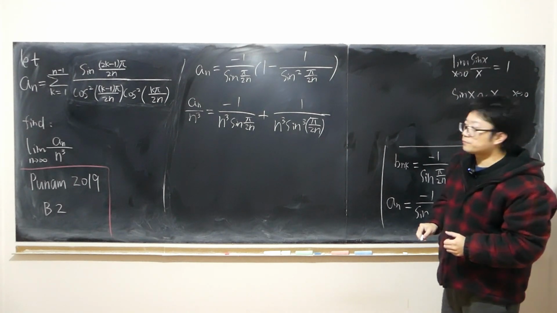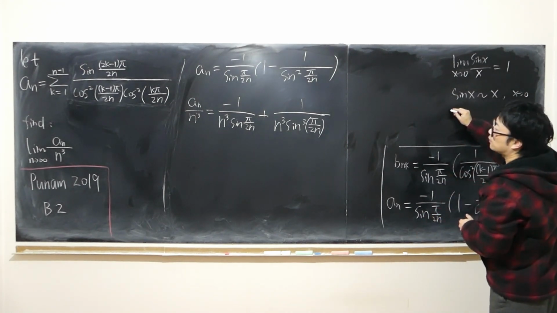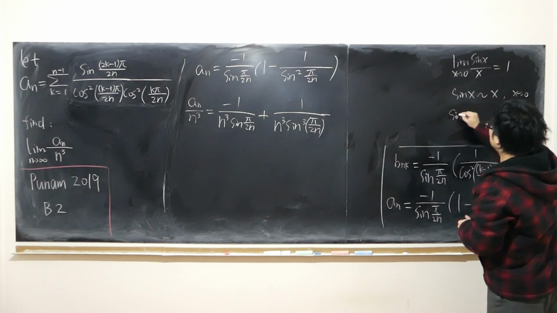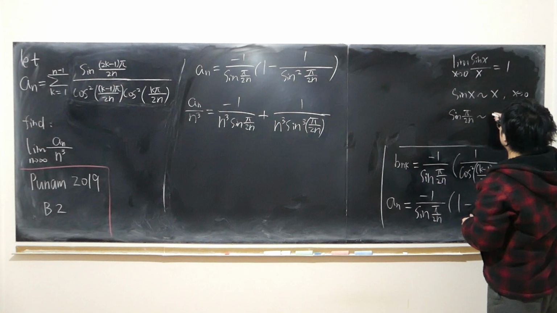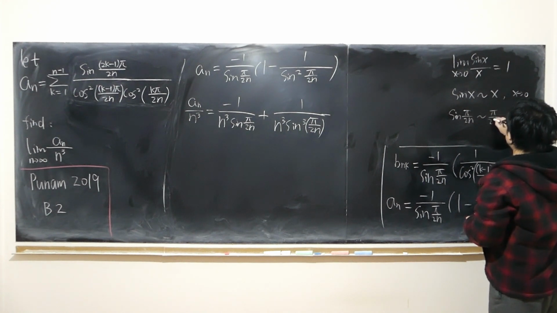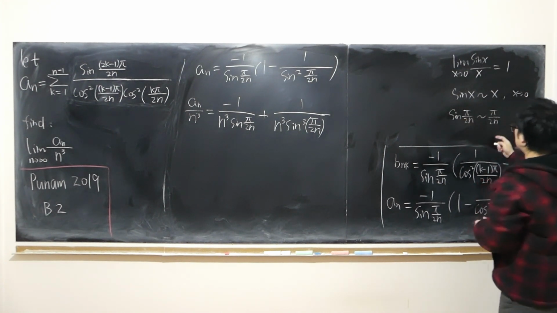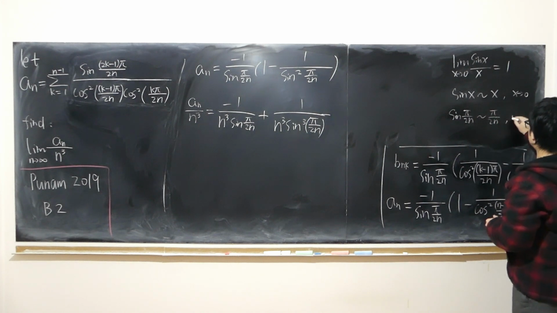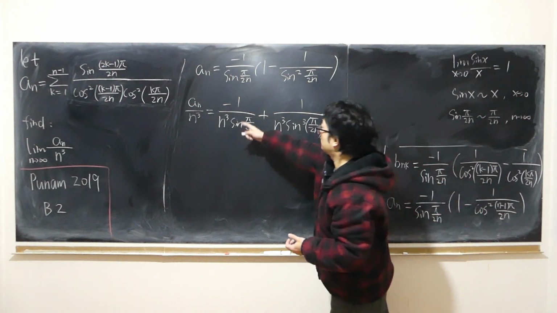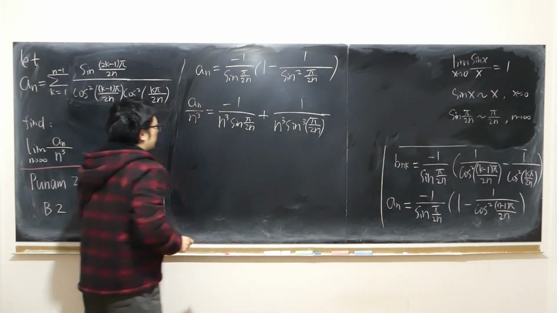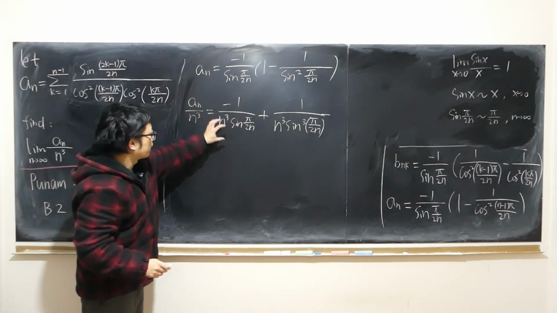In other words, this time the angle is pi over 2n. So whenever you see this, you can always replace it with that as n approaches infinity in terms of multiplication and division, right? Except plus and minus. So if it's multiplication, it's fine.